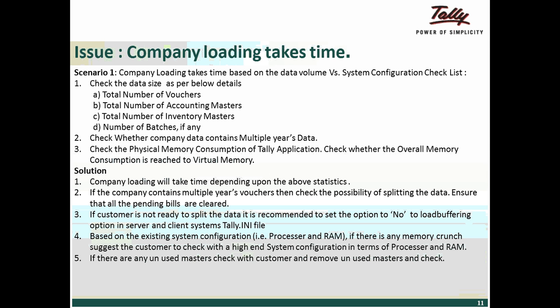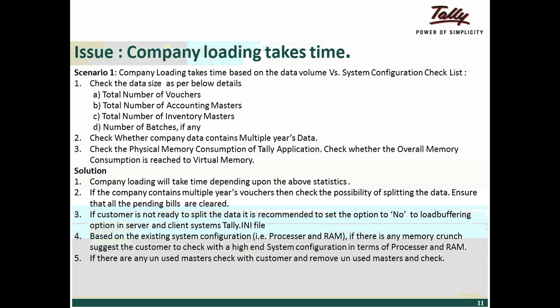Coming back to this example, Tally will accumulate all the 25,000 or 60,000 stock items to load a company, so that also contributes to the consumption of time. In that case, don't take a decision yourself. Please check with the customer and confirm whether the rest of the 25,000 or 30,000 masters are being used regularly, or were just created simply.